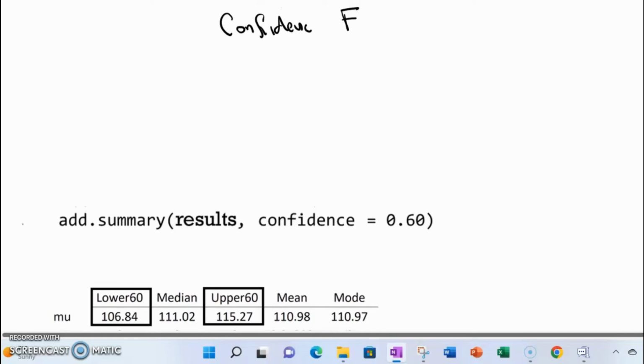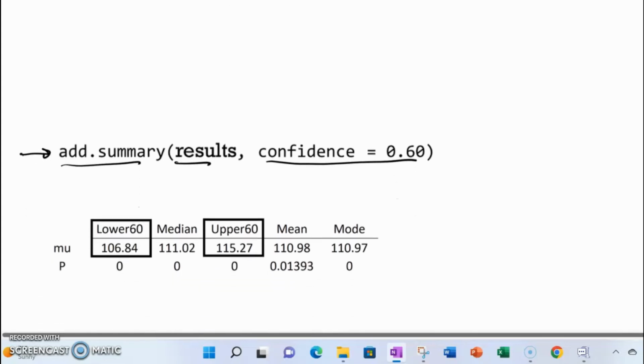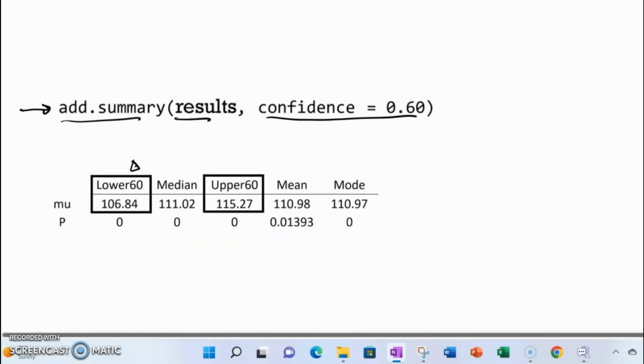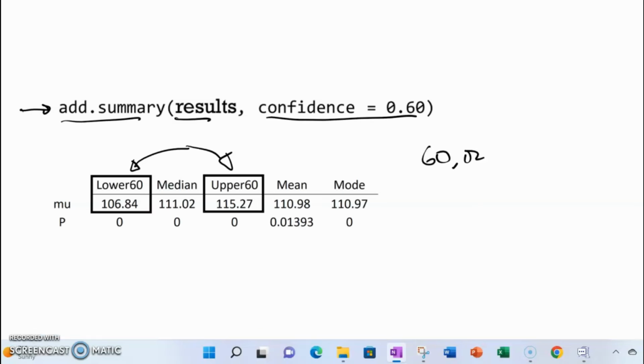I've added a bit more code. So add summary to results and ask for a 60% credible interval. And there is my 60% credible interval. 60,000 values of mu, 60% of them lie within this range. Everything's wonderful. 60% probability that mu lies within this range.